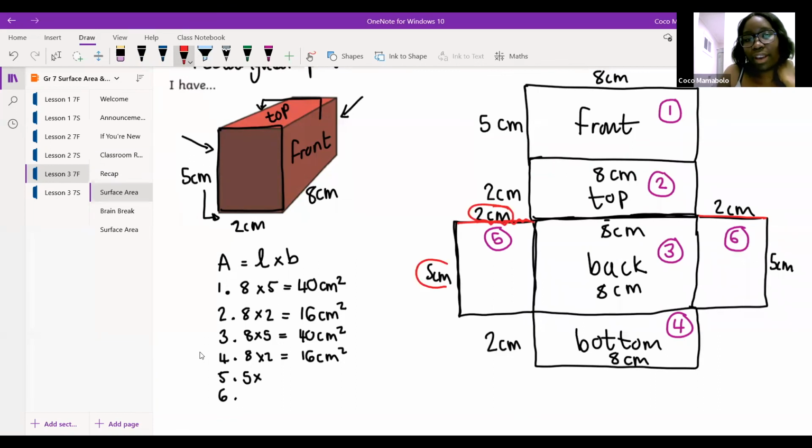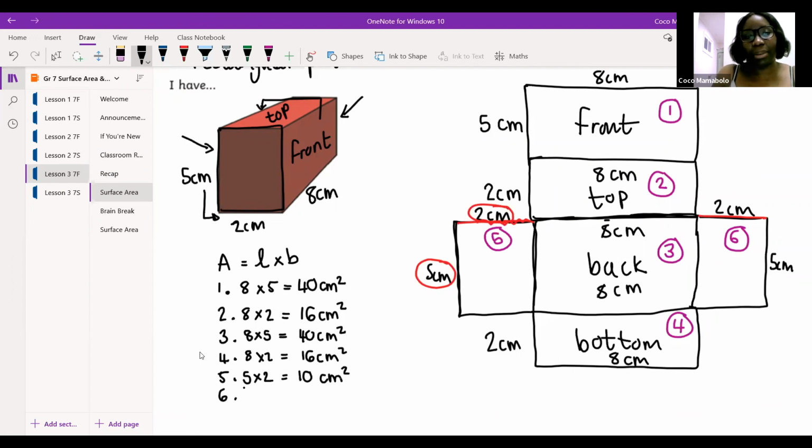So I need to have 5 times 2. So what's 5 times 2? 10. Good. So I actually have 10 centimeters squared, not 5. I think I drew it really badly. I'm very sorry, Liam. Next time I'll draw it better, I promise. Thank you so much, Liam.